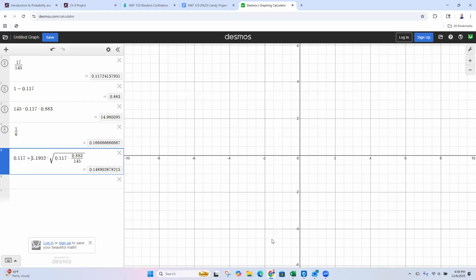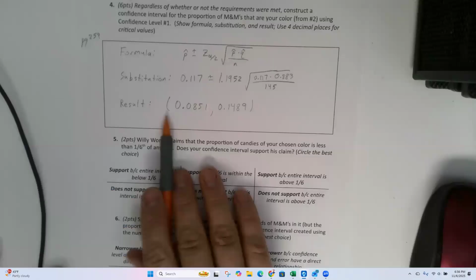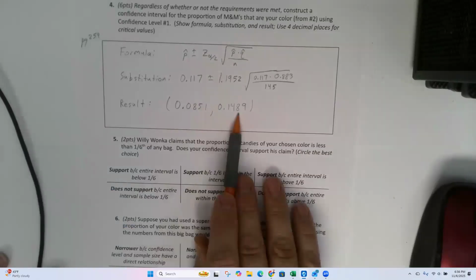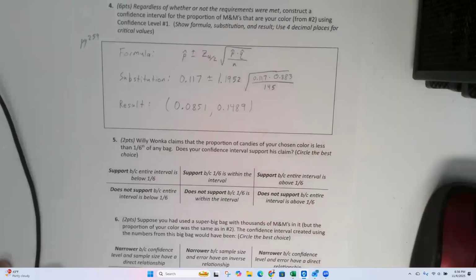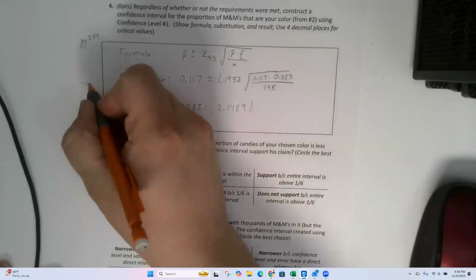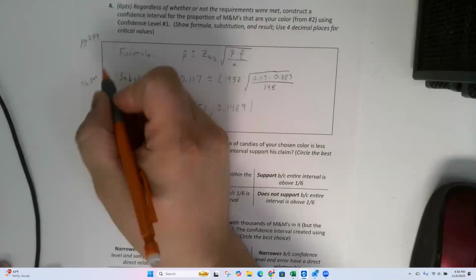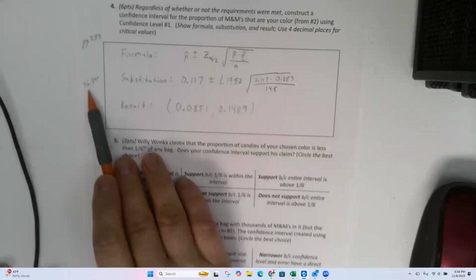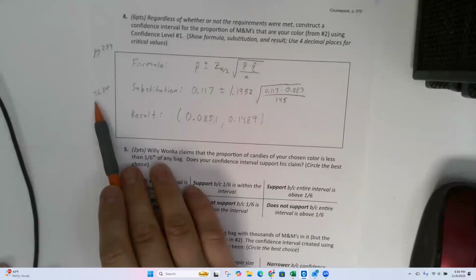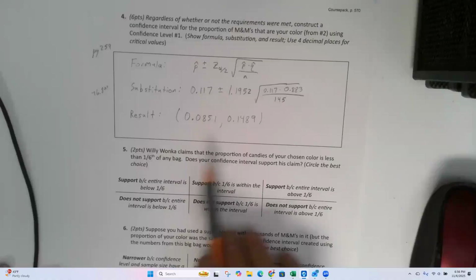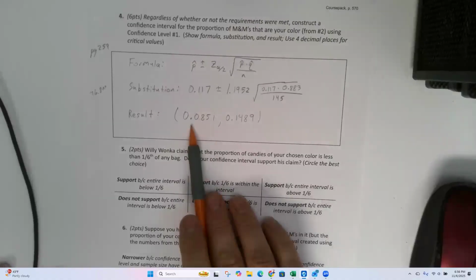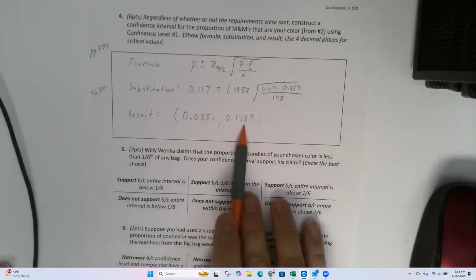All right. And that's my result. This is my confidence interval. So this is the confidence interval for a confidence level of 76.8%. Okay. You don't need to know that, but this says that I am 76% confident that the true population proportion for red M&Ms is somewhere in this range. Okay.